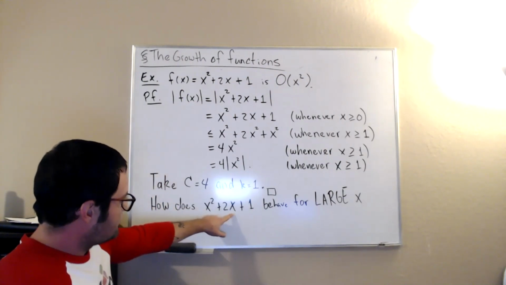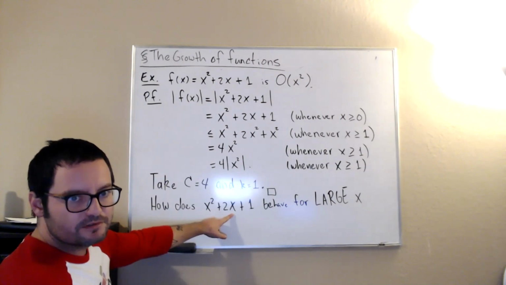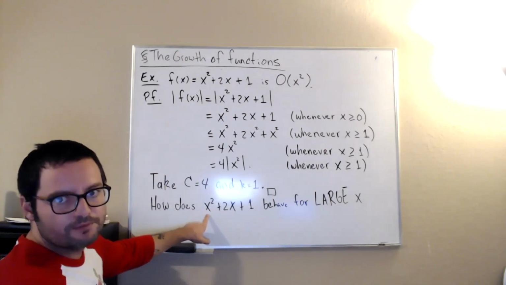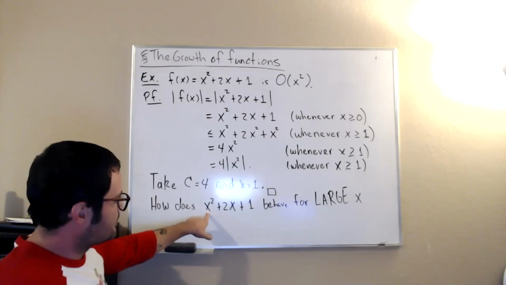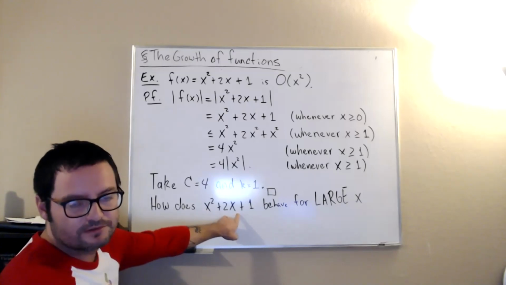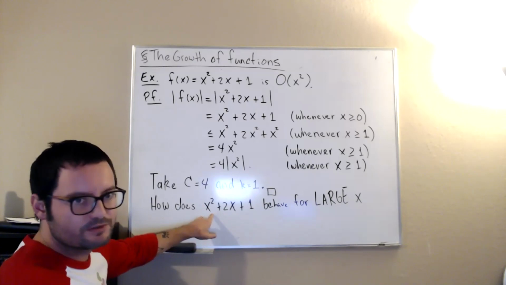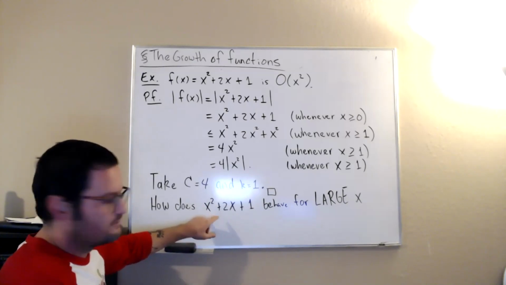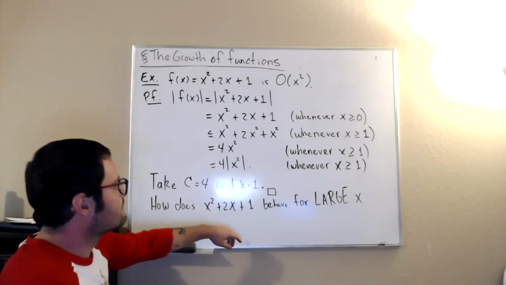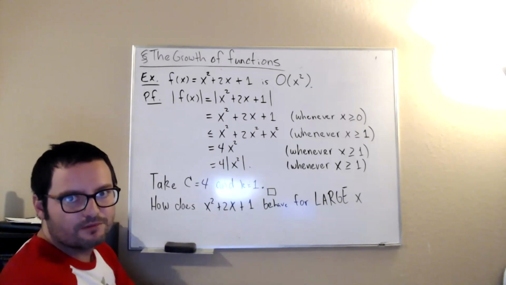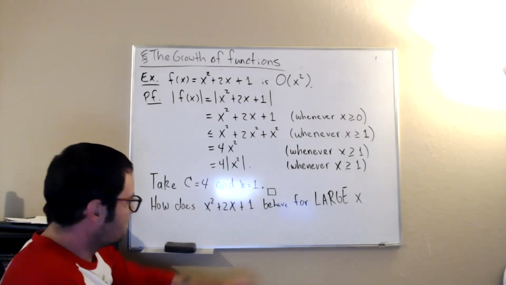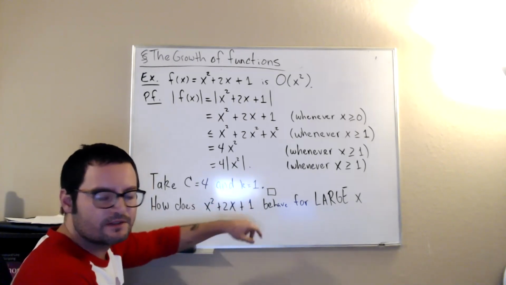Does that term even matter anymore? If that number right there is big enough, right, the x squared is going to be so much larger. Like 2 to the power of billion times 2 to the power of billion, which would be that term right there, is much larger than 2 times 2 to the power of billion. This means like nothing at that point. And that 1 definitely doesn't mean anything.